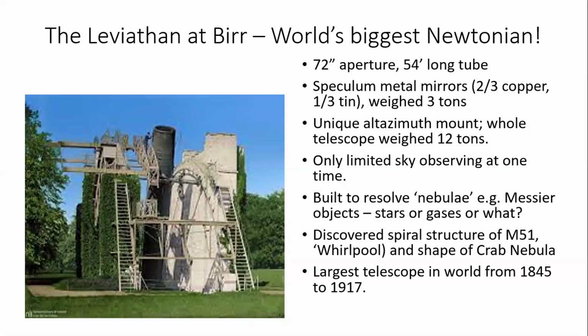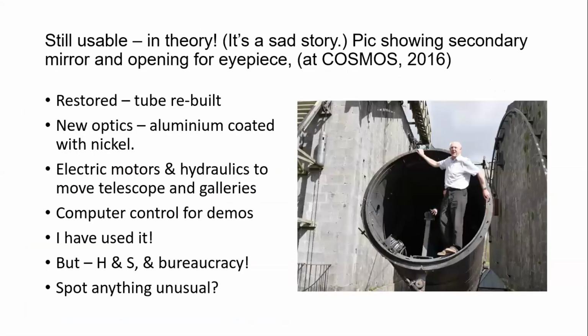And astronomers came from all over Europe to use it, and were quite amazed by the performance. But it didn't actually answer the question, but it did show, for example, that some galaxies had a spiral structure, which was something that you wouldn't necessarily expect just looking at them in the first place. So it is still usable in theory.